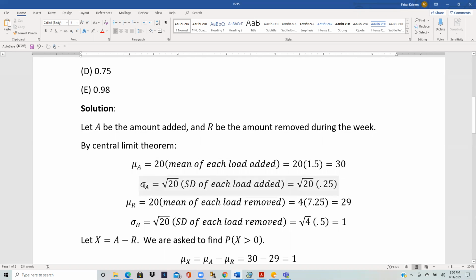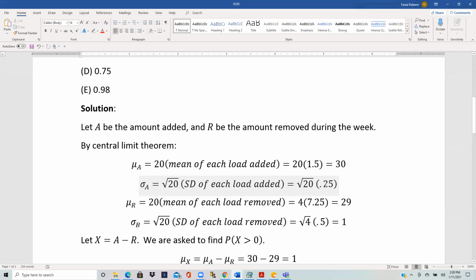The standard deviation of the total amount added will be the square root of 20, because there are 20 loads, times the standard deviation of each load, so square root of 20 times 0.25.